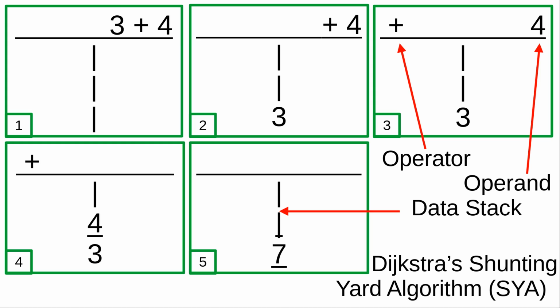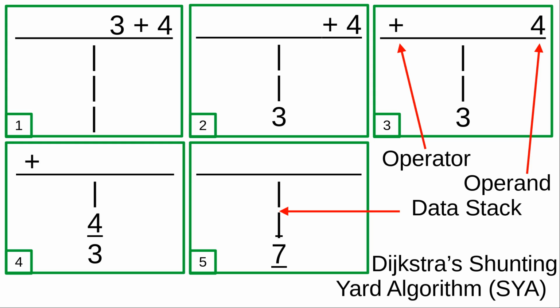In diagram 3 at top right, if the current symbol or token is an operator, which is the plus sign in this case, it will be moved to the top left branch as it needs to wait for 2 operands on the data stack that are both 3 and 4 to complete its operation.